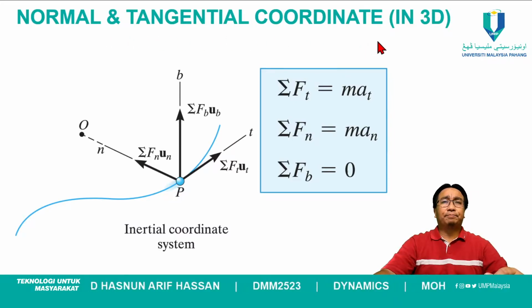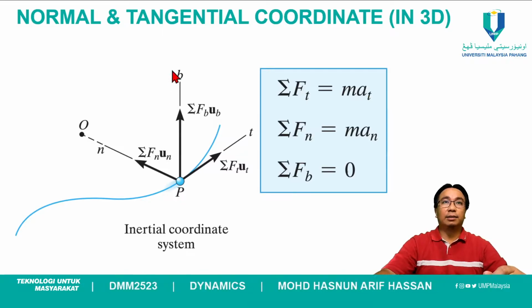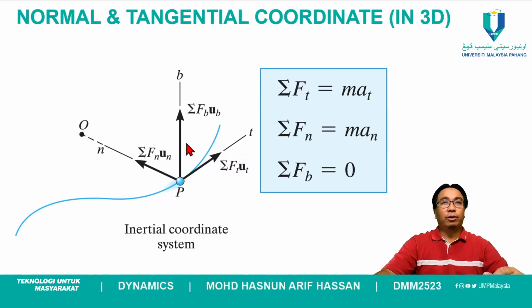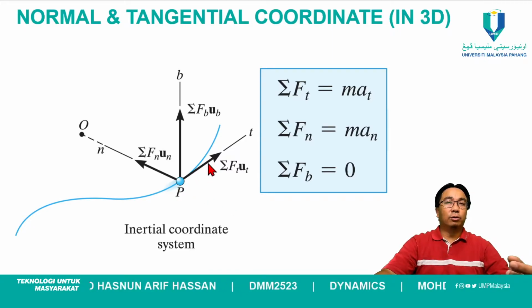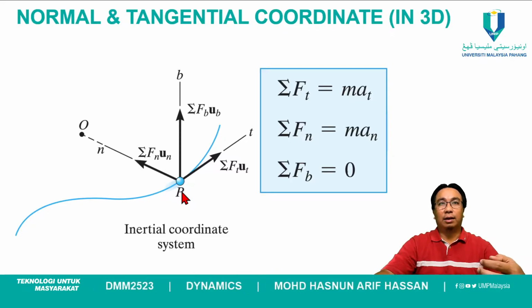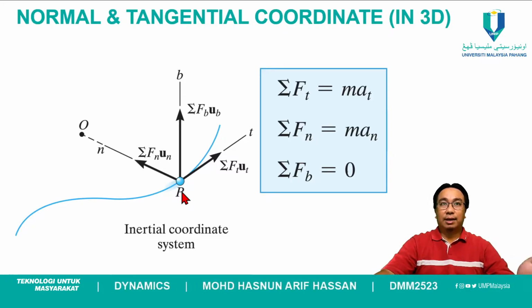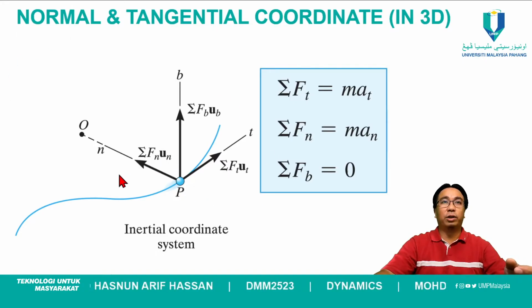When we look at the normal and tangential axis in three-dimensional, this one I have not yet covered in kinematics, but it is good to know. Although I can tell you that most of the problems that we are going to discuss or solve in this dynamics course will be two-dimensional.